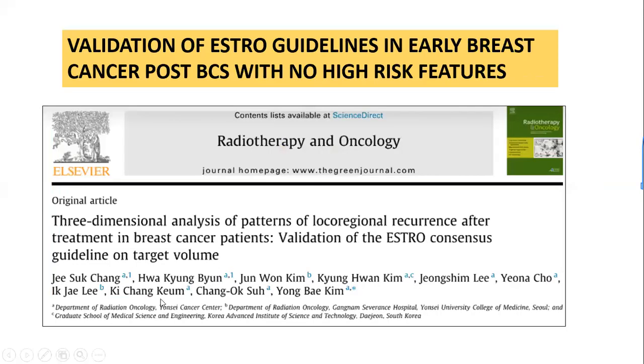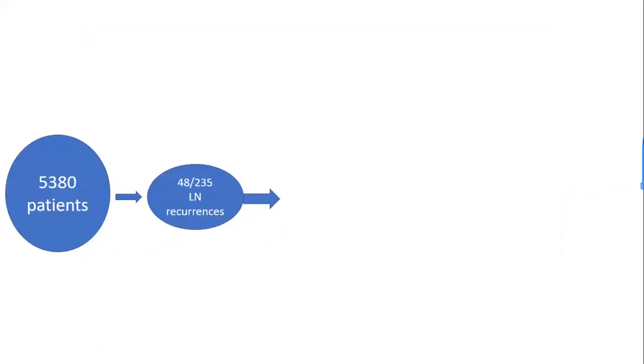So this is a paper published by Chang et al. It is a South Korean group, published in the Green Journal. Their main aim was to validate the ESTRO consensus for early breast cancer patients. This is a retrospective study.